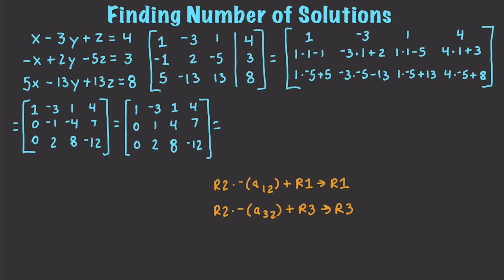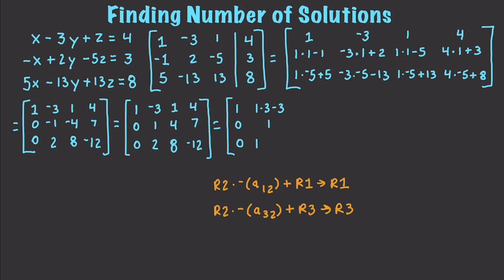So let's do it. Whenever we do, we're going to end up, let's just leave this as 1, and this is going to be 0, and this will be 0. Then we're going to have 1 times 3 minus 3. This will remain 1.